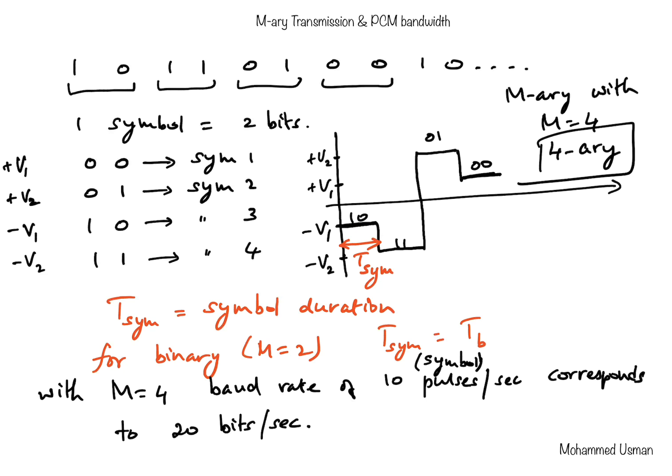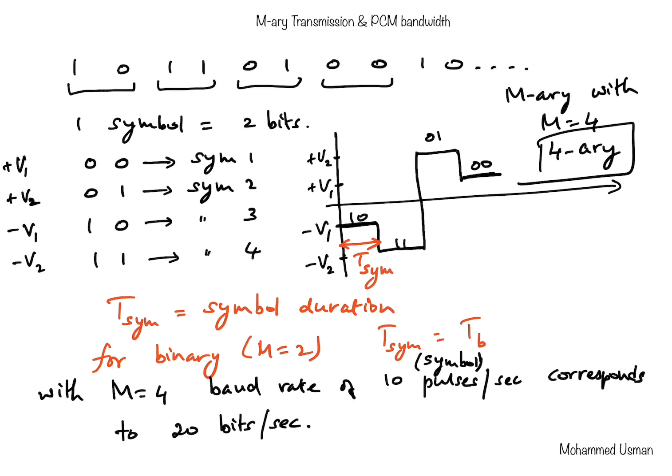So each voltage level is representing 2 bits. So we have kept the symbol duration the same as in the previous example. With 10 pulses per second, the symbol duration is still 0.1 second, but the number of bits conveyed in 1 second has gone up from 10 to 20. But we have been able to achieve that by doing something on the voltage levels, right?